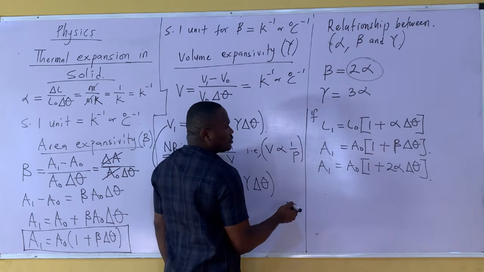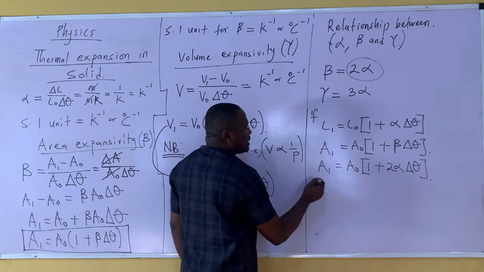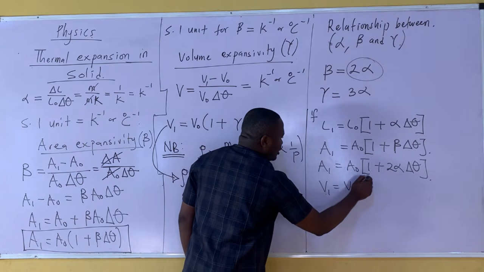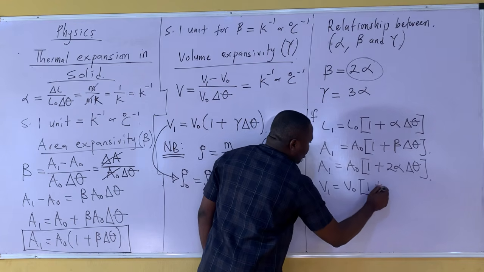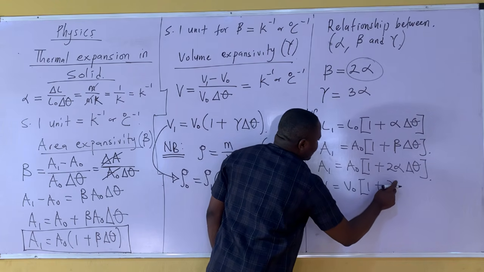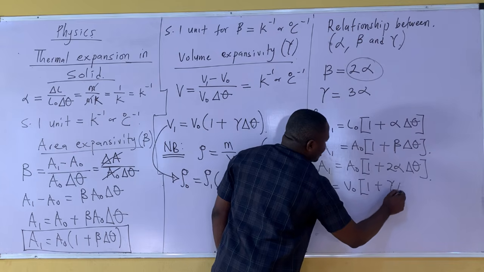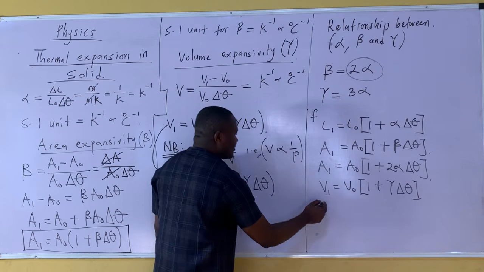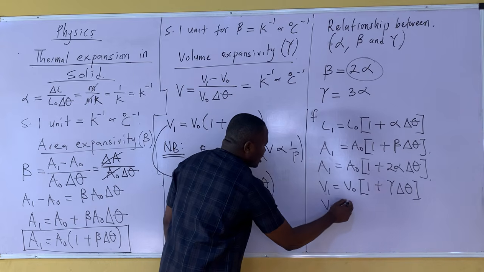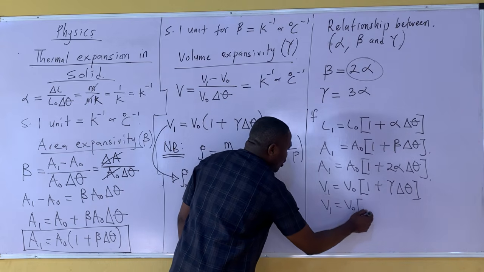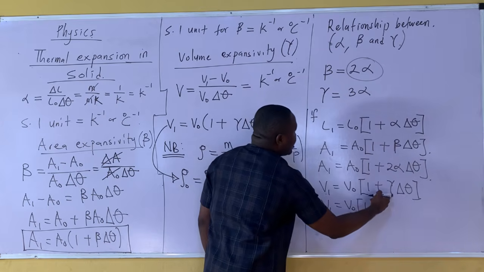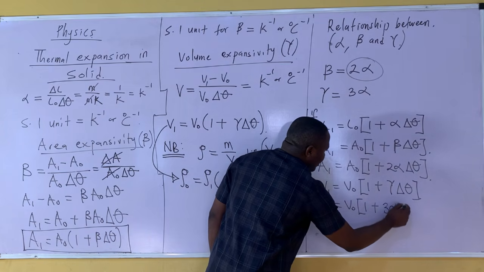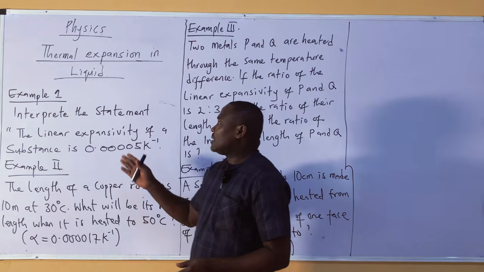Now I can still do that for volume. V1 originally is equal to V naught open bracket 1 plus gamma, that's cubic expansivity, change in temperature. But I can still write it as V1 is equal to V naught open bracket 1 plus, in place of gamma I'll put 3 alpha, which is 3 alpha change in temperature.